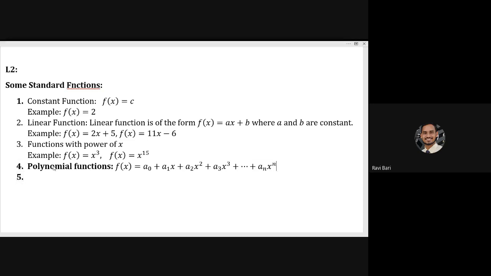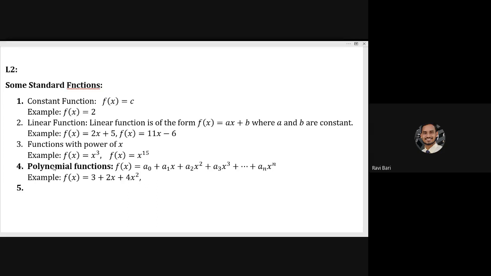So I'll show you one example. So here is one example of a polynomial function. f of x is equal to say 3x 3 plus 2x plus 4x square or cube. So this is an example of a polynomial function.